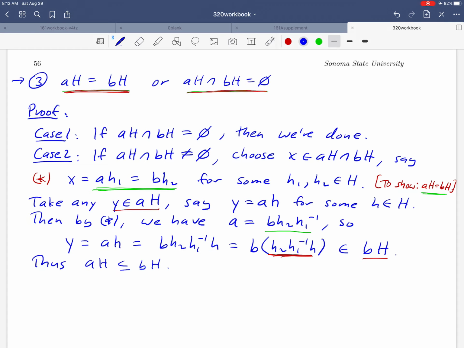A similar argument shows that BH is a subset of AH, and that would complete the proof that AH and BH are really the same sets. So we have just proved the fact that the cosets partition our group.